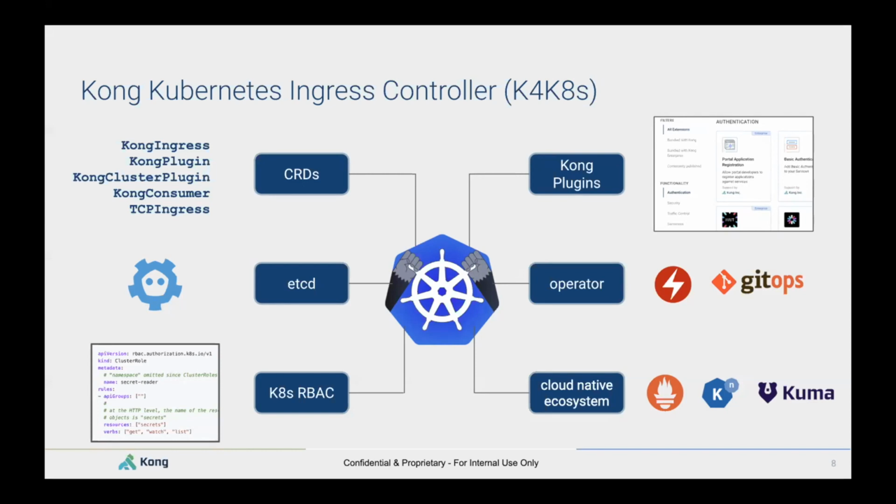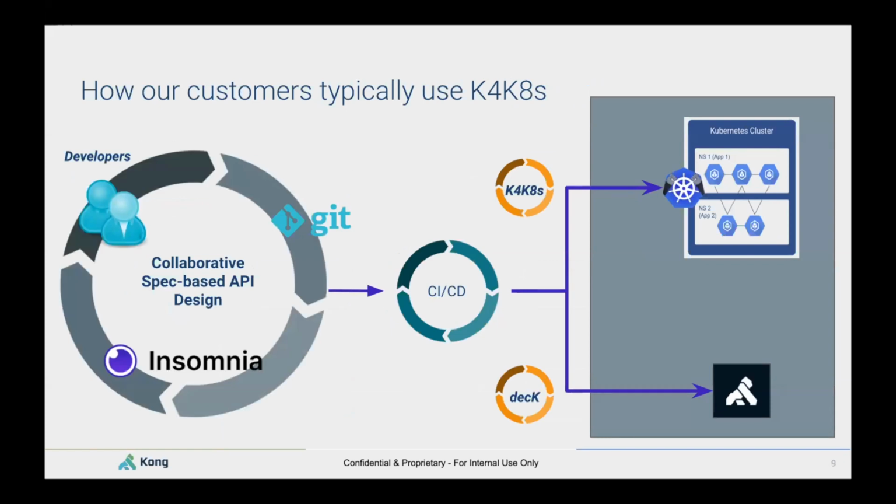We have an operator that allows you to have that reconciliation loop and perform GitOps, and it's well integrated into the cloud native ecosystem with out-of-the-box integration for Prometheus, integration with Knative so that you can act as an ingress for the Knative serverless stack, as well as integration with Kuma, the service mesh from Kong, as well as Istio.